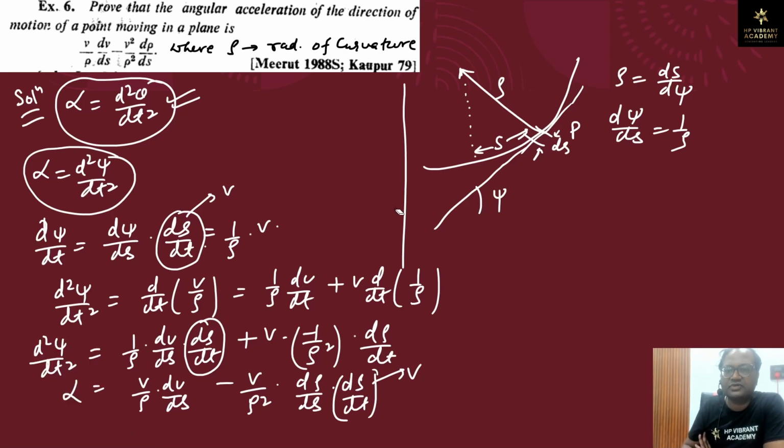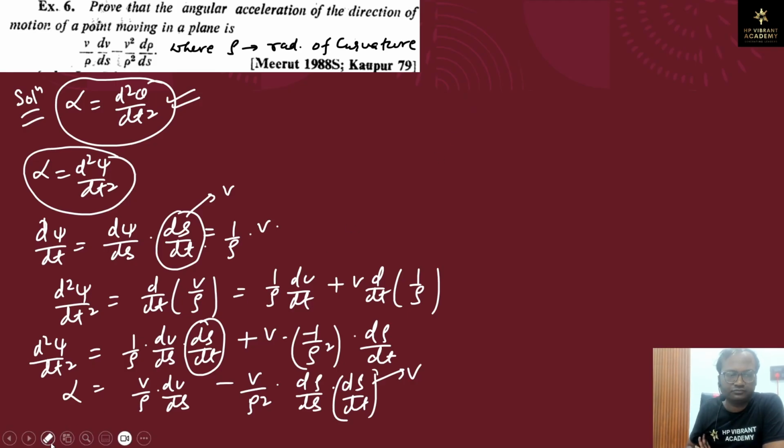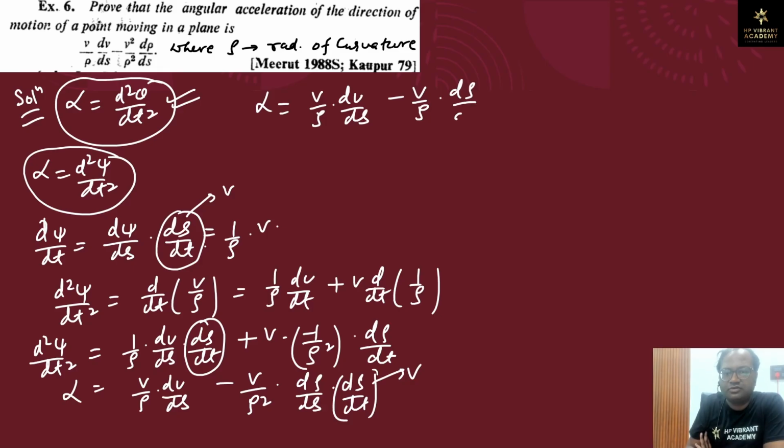Let us further simplify this. We have alpha equal to v upon rho into dv upon ds minus v upon rho into d rho upon ds into ds upon dt, and ds upon dt is v. So let us combine this.